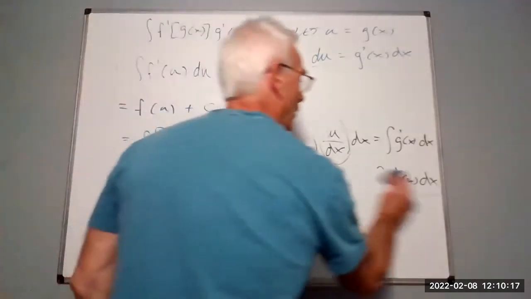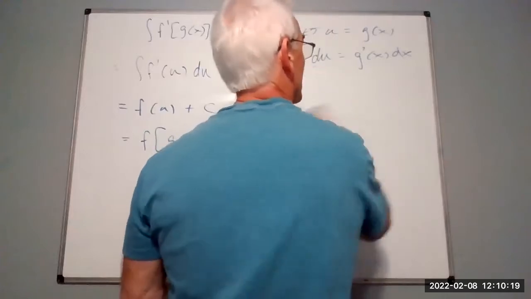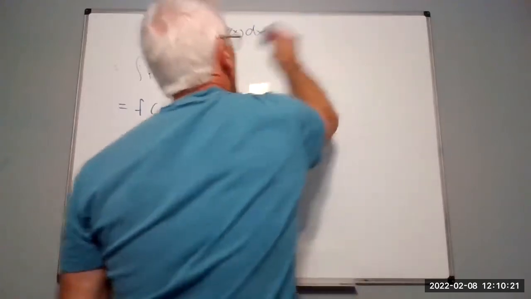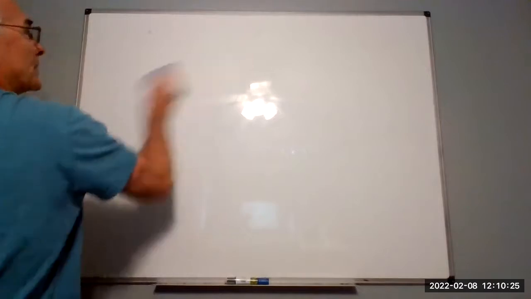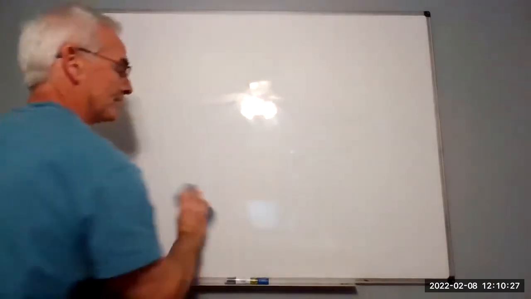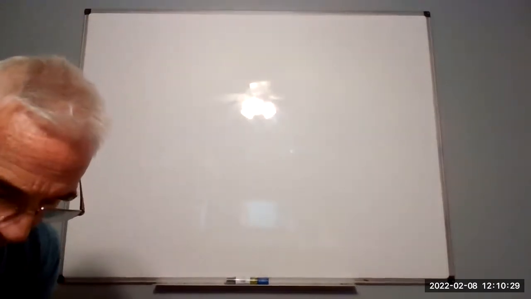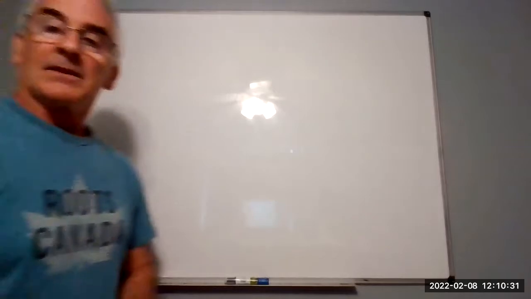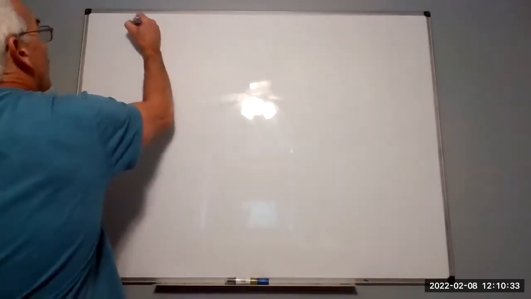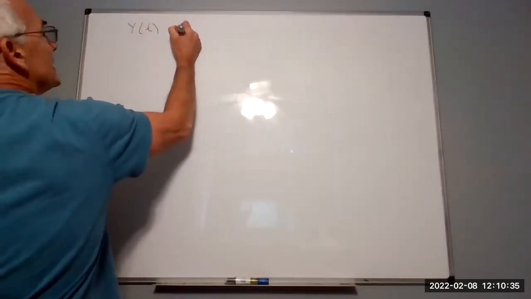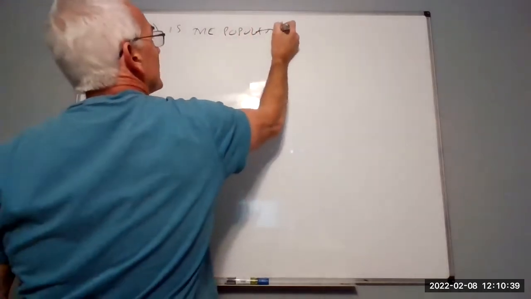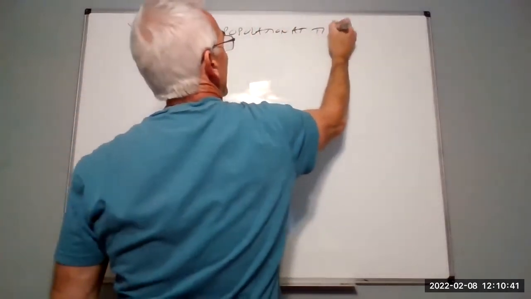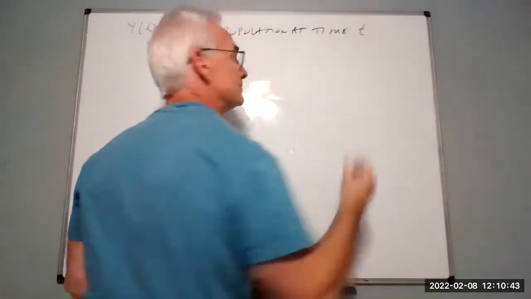Now I want to see how this applies to a differential equation. So we're going to start with the most basic common differential equation that is, and that's the population growth differential equation. The most common differential equation. Let's say that y of t is the population at time t.